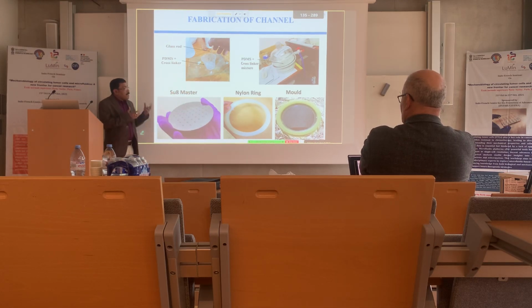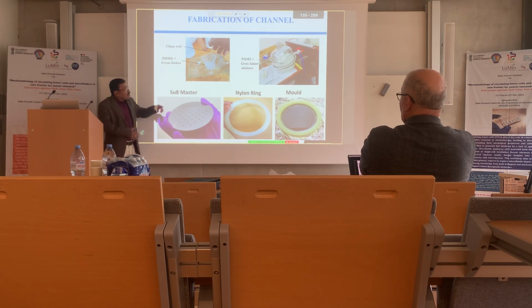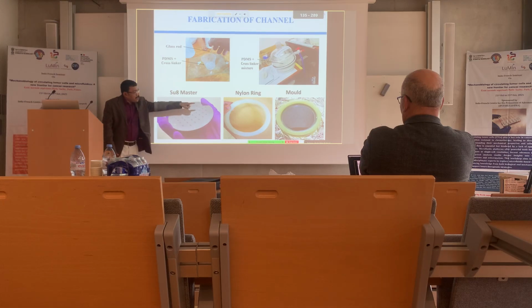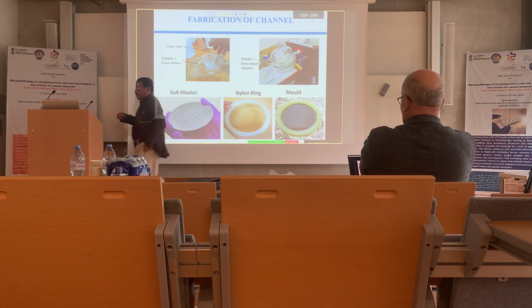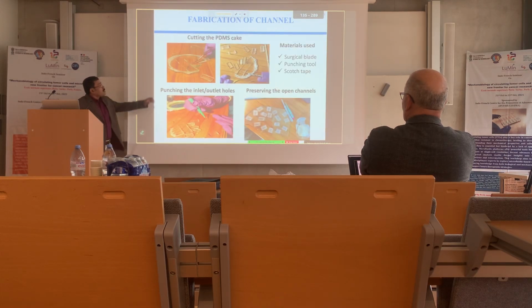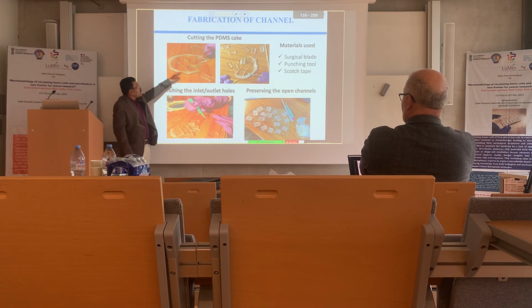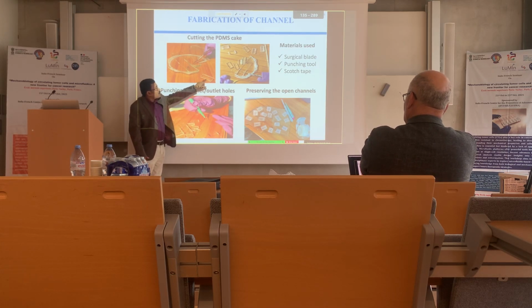Depending on the strength we need, whether soft or hard, we adjust the crosslinker, and we get this imprint in the PDMS. Once it is solidified, we cut each cake.